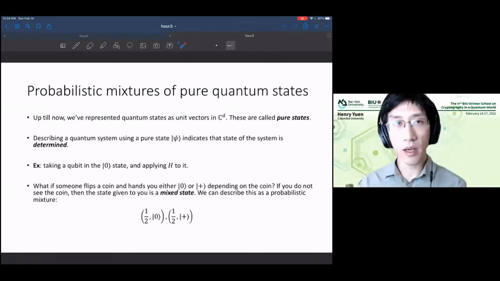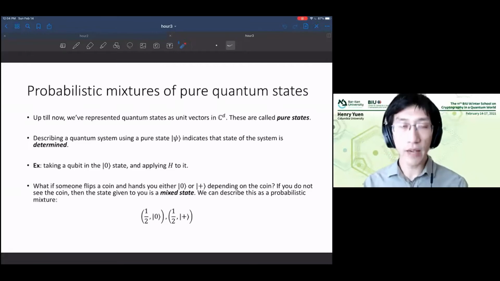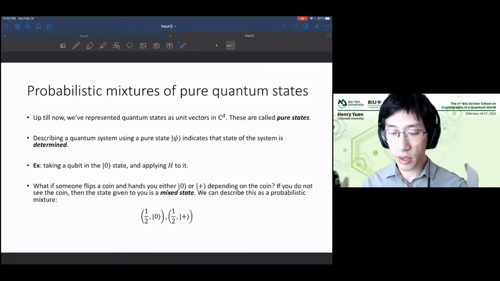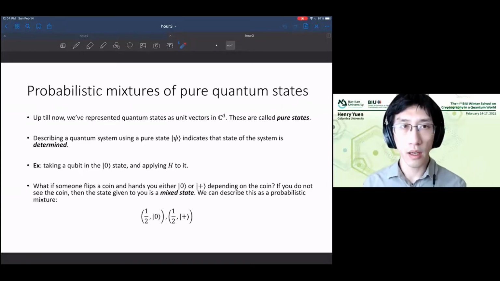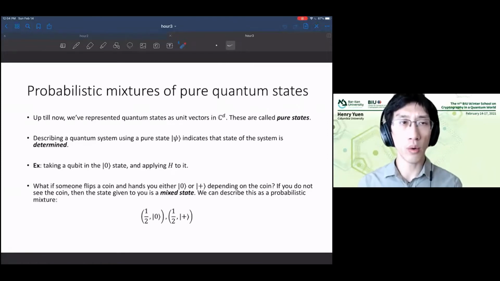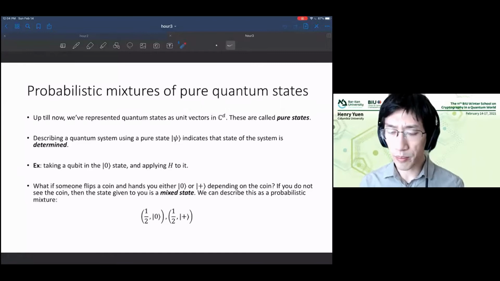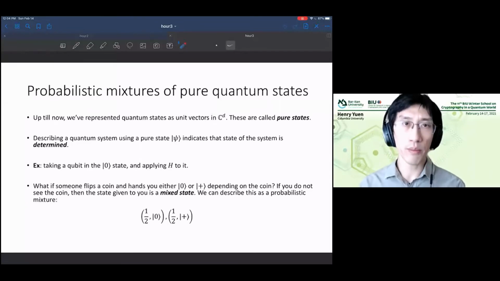And the reason we call them pure states is because if we say we describe the state of the system using a unit vector psi, then essentially the state of the system is determined. What we mean by that is essentially we know everything there is to know about what this state is, even though when you measure, you might get a probabilistic outcome.